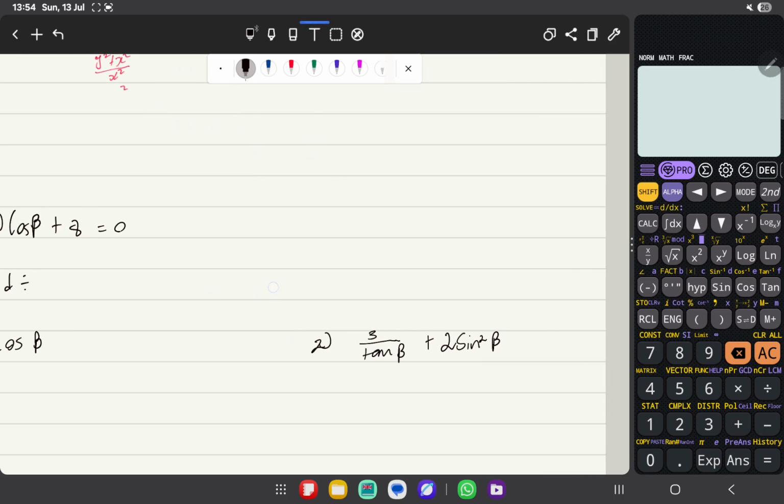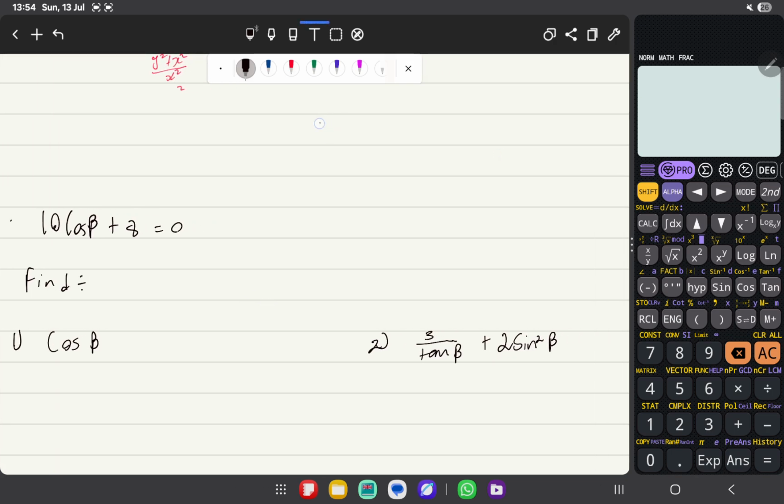So then let me see. So 10 cos beta equals minus 8, and then what is that? Then cos beta gives us minus 8 over 10, but I know that cos is x over r, right? So I can use this to find y. x squared plus y squared equals r squared.